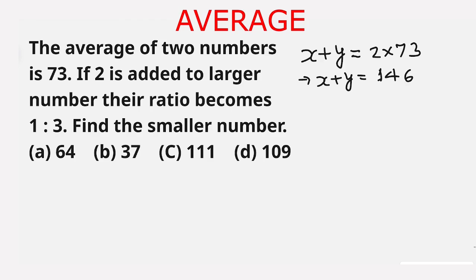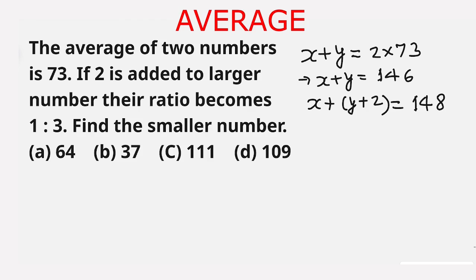If 2 is added to larger number, their ratio becomes 1:3. So we add 2 to y and we assume that y is a larger number. So this will be x plus y plus 2 is 146 plus 2 is 148.